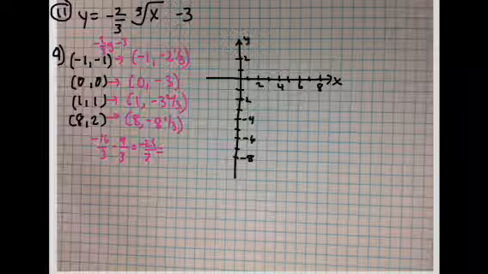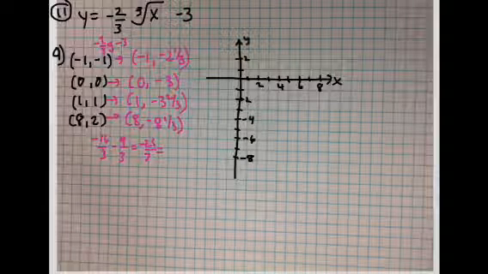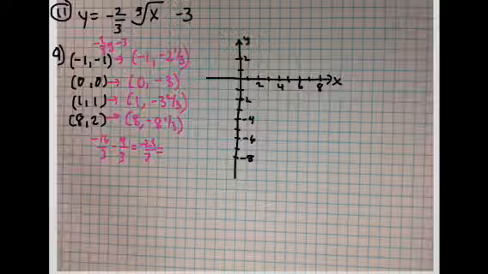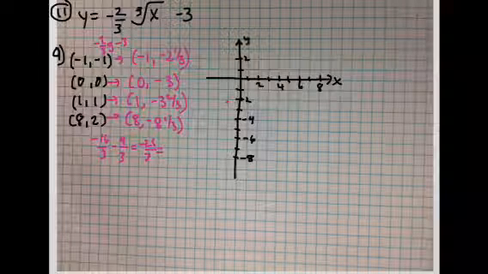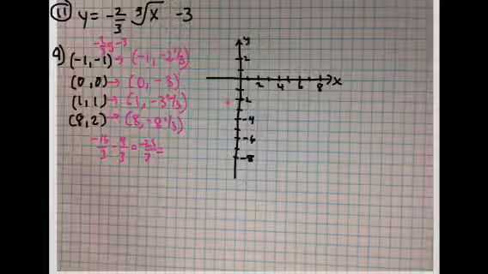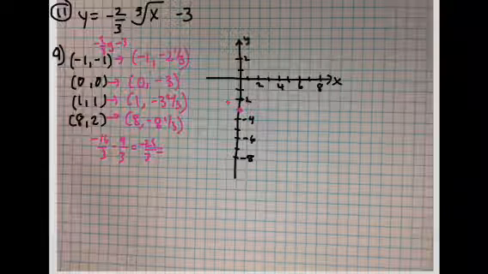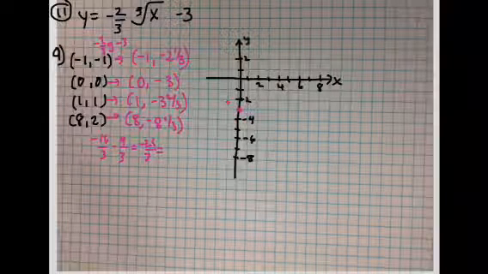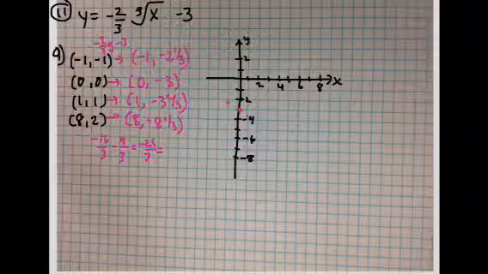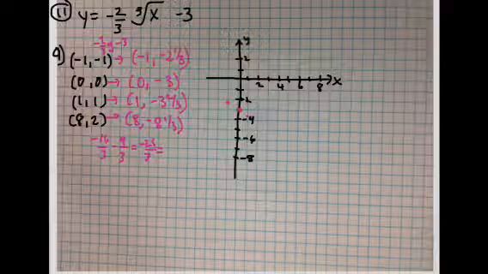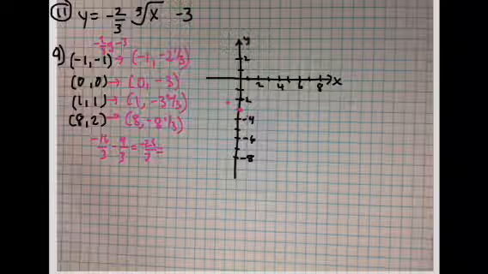It says graph it neatly and label, so we're going to graph it next. Okay, so we're going to plot the points (-1, -2 1/3), about here, (0, -3), and (1, -3 2/3). Okay, and (8, -8 1/3), so about here.